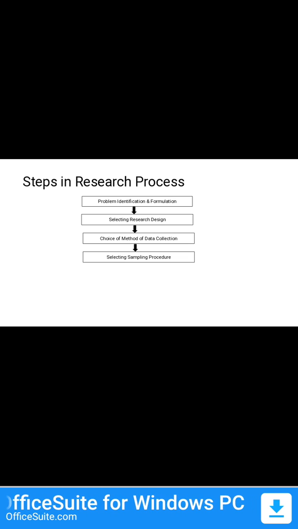Once you have decided the data collection tool, you would move over to the next step, which is selecting the sampling procedure. Now, what do we mean by the sampling procedure? You understand that the research is not conducted with the whole population. We conduct the research with just a small sample, with just a small part of the population. But how do we decide who all would be part of our sample?